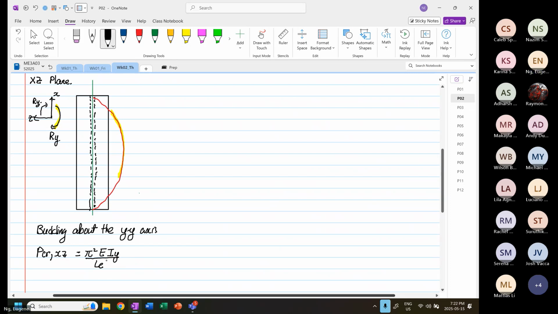Okay. So this is in terms of IY, right? As you all can see that. Okay. So that's why, once you know that buckling is about the y-axis, we are going to use IY.